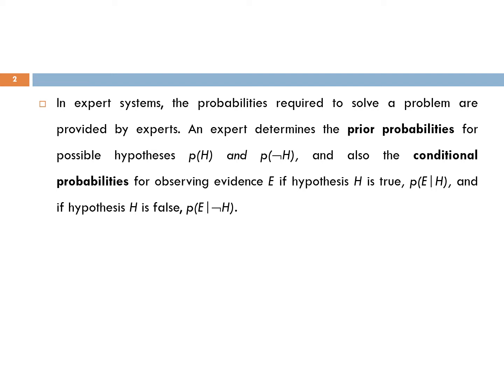So the expert determines the prior probabilities, for the possible hypothesis P(H) and the false hypothesis, and also the conditional probability of evidence E if the hypothesis is true and the hypothesis is false.